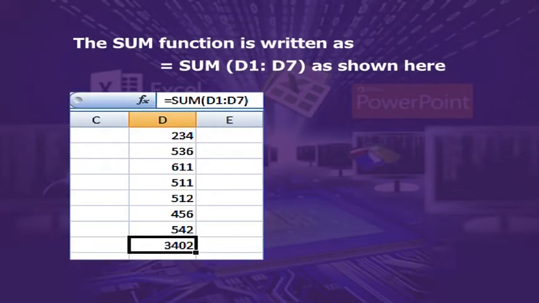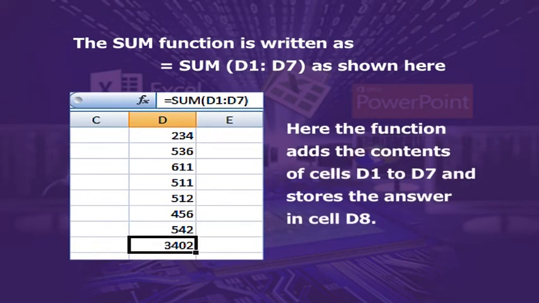For example, the SUM function is one of the most commonly used functions in Excel. It is used to add together the data in the selected cells. The SUM function is written as =SUM(D1:D7) as shown in the figure. Here the function adds the contents of cells D1 to D7 and stores the answer in cell D8.